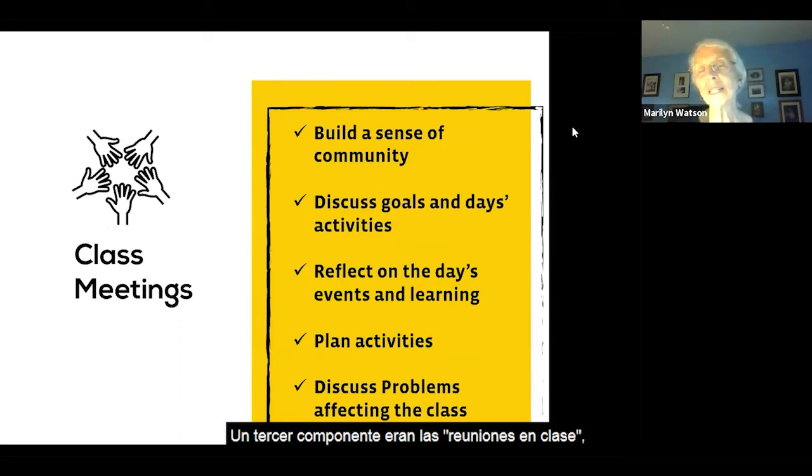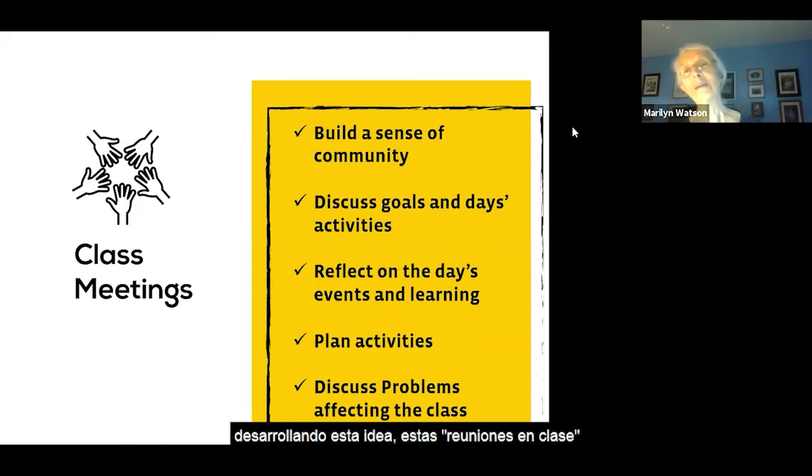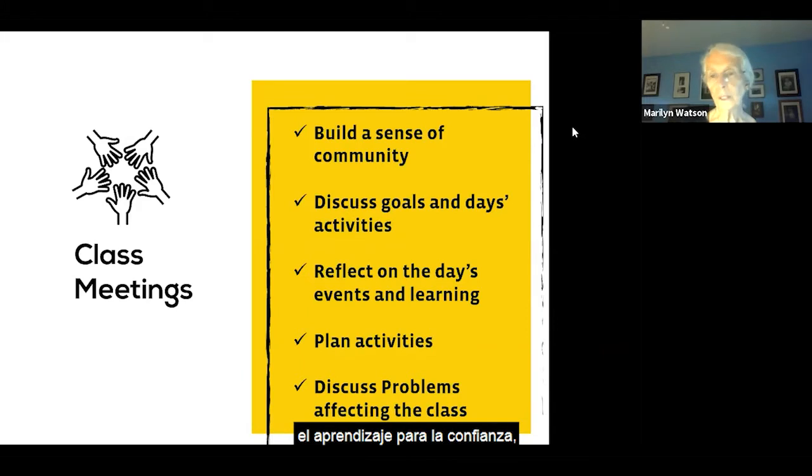A third piece was class meetings, which we spent a long time in developing, and class meetings were very important. Those of you who have looked at Learning to Trust, you will see so many examples of what kids brought to their class meetings.